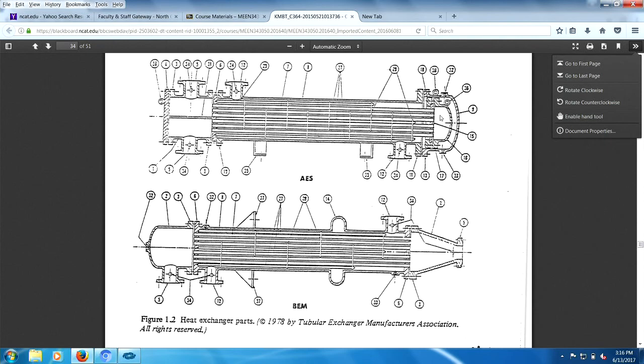The third hold point is watching how they insert the tube bundle into the shell. That's the third major hold point in the construction of a heat exchanger.